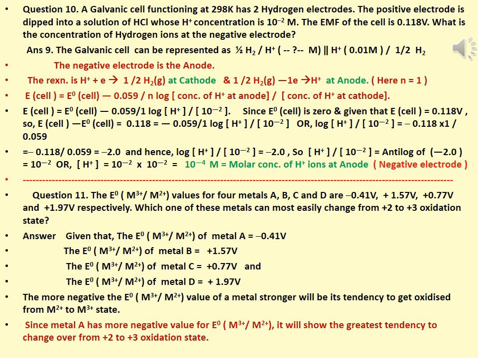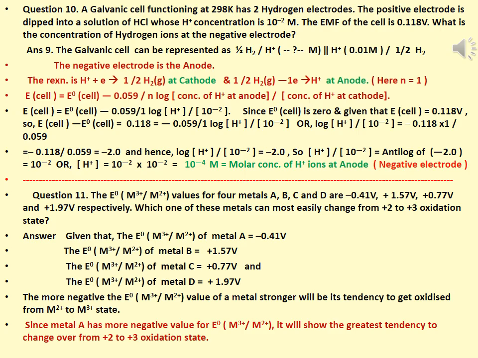Therefore, we can use the Nernst equation. E cell is equal to E naught cell minus 0.059 by n log of the concentration of electrolyte at the anode divided by the concentration of electrolyte at the cathode.